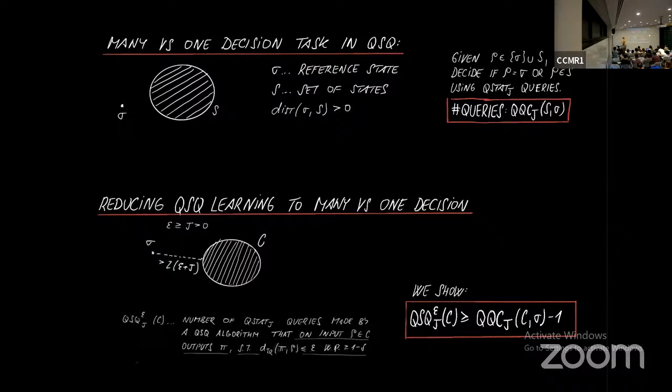Your goal is to use queries to a QSTAT tau oracle to figure out whether I give you sigma or the set S. The number of queries this is going to take you is called QQC of S and sigma in our paper, and it's parameterized by tau.